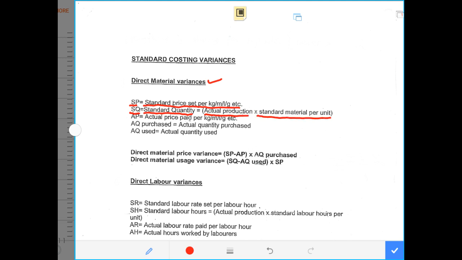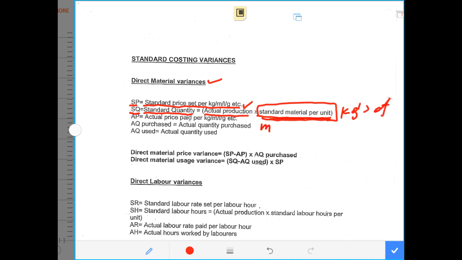So we need to know the actual production, meaning the units that are completed, and we multiply that by the standard material per unit. Remember, standard material per unit is the kgs of material that are required to complete one unit.